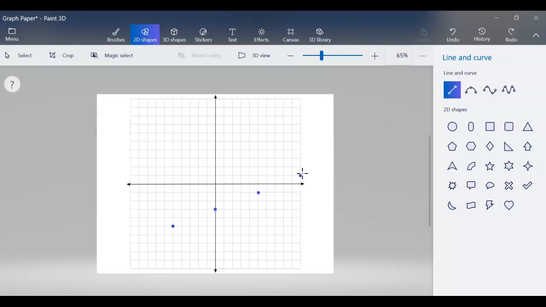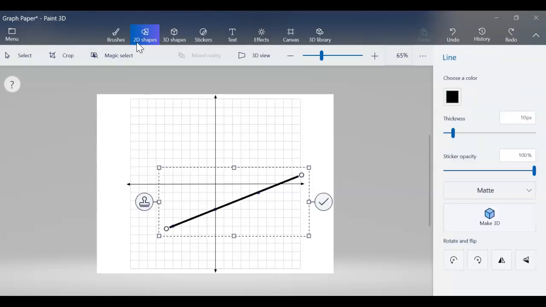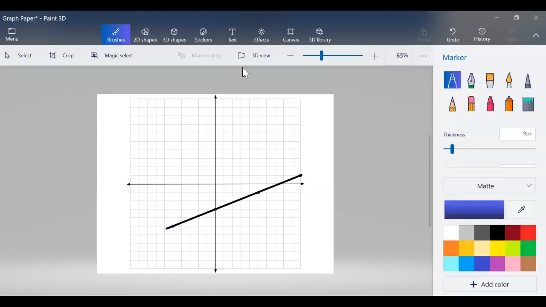Yeah, line there. And then I'll take my brush and kind of paint it in. So this is the line here. Again, ignore the different colors. I'm not sure how to get different colors, but that's the line y equals 2/5 x minus 3.